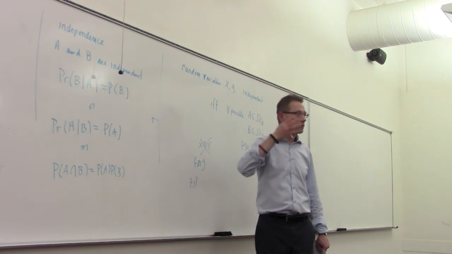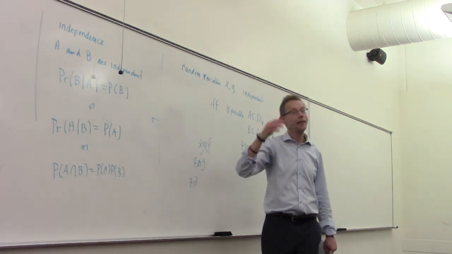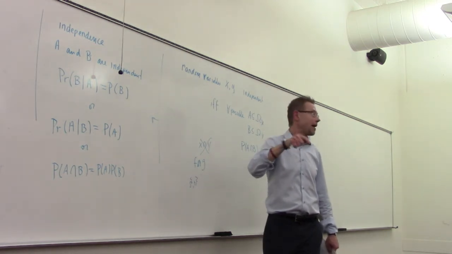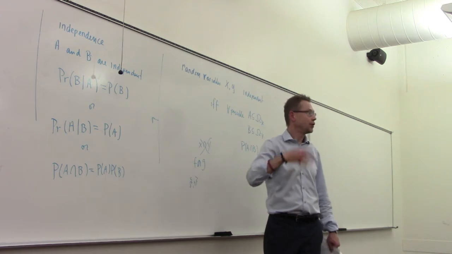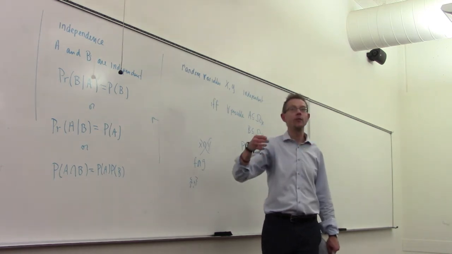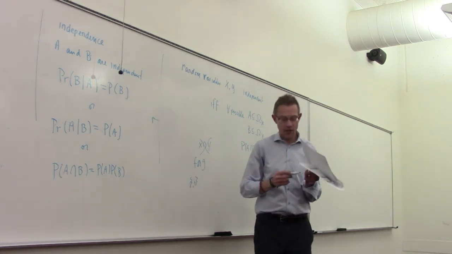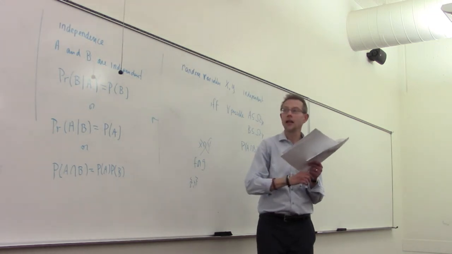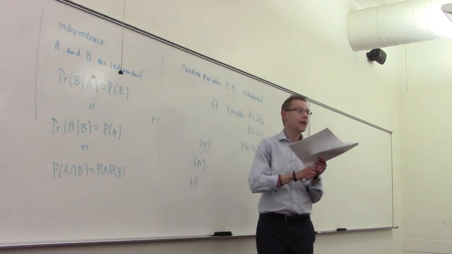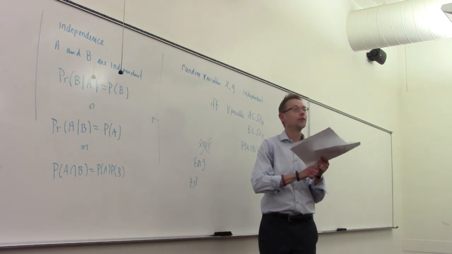But we don't often say these sets formed by these random variables are independent. We shorthand that and say these two random variables are independent. So it's just a matter of familiarity that you start to get comfortable with the idea of independent random variables, and the sets they generate.